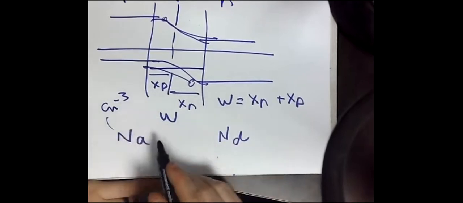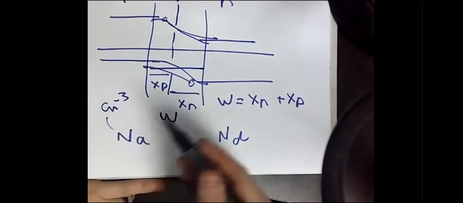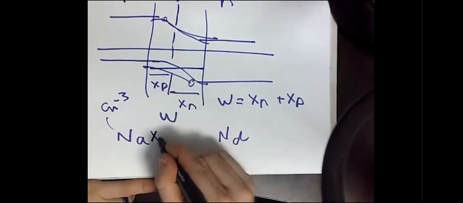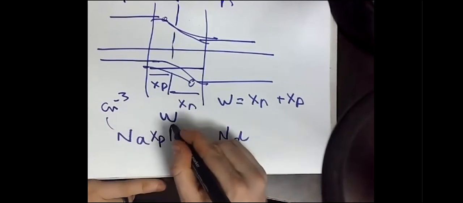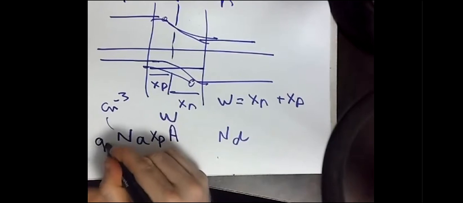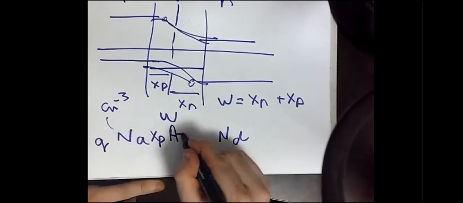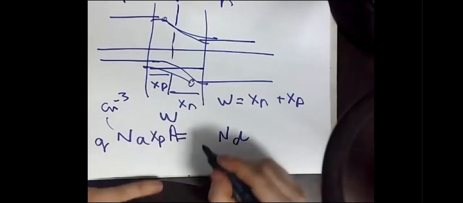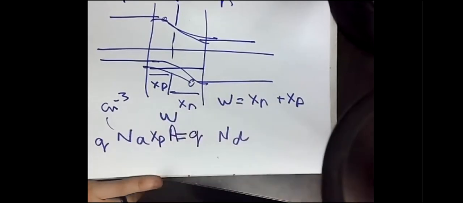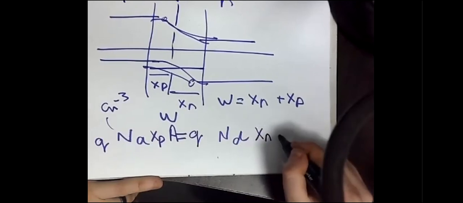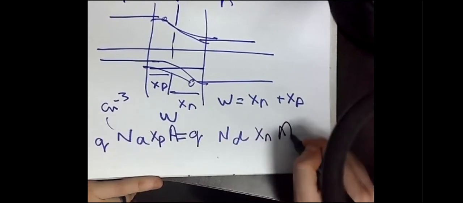So what is the volume of this charge? Its volume is Xp, which is the region in the P side, times the area, the cross-section area, A. This, of course, times Q, which is the unit charge. This should be equal to the total N charge, which is again Q times Nd times Xn times also A.